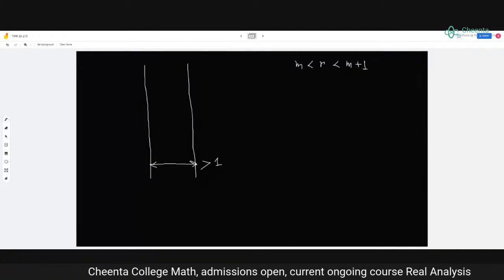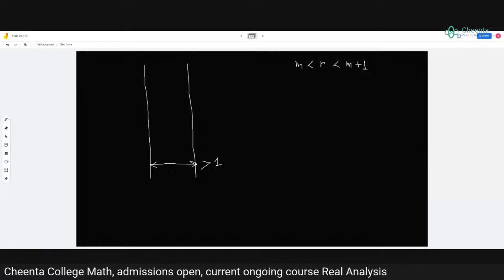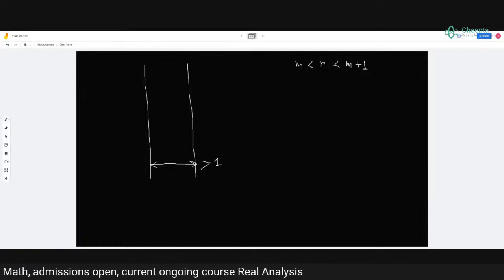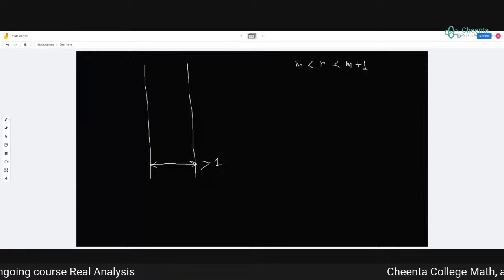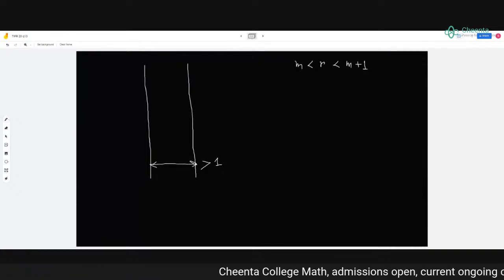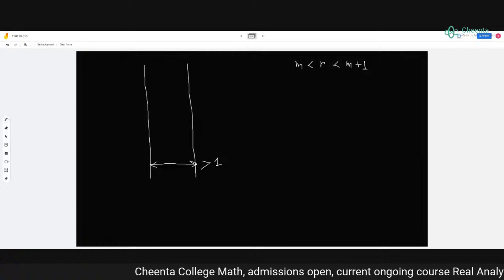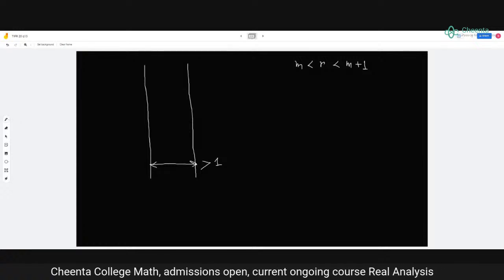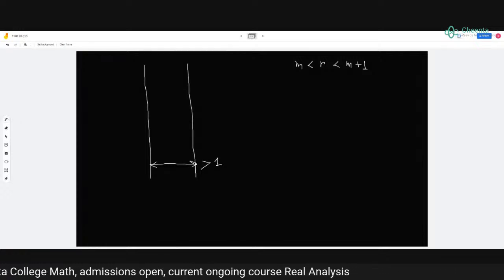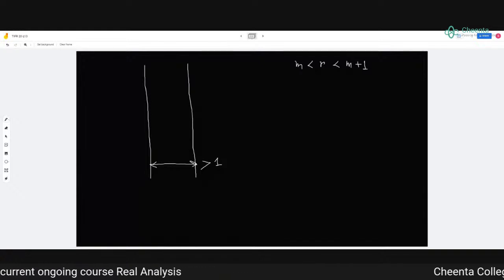All right. So now if you take r plus 1, there are of course integers that are closest to r. So we are taking those two integers that are closest to r. All right. So that is m and m plus 1.